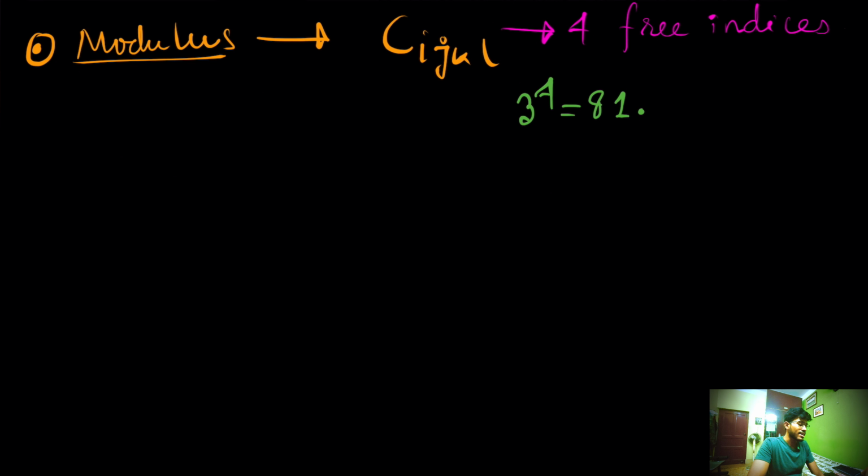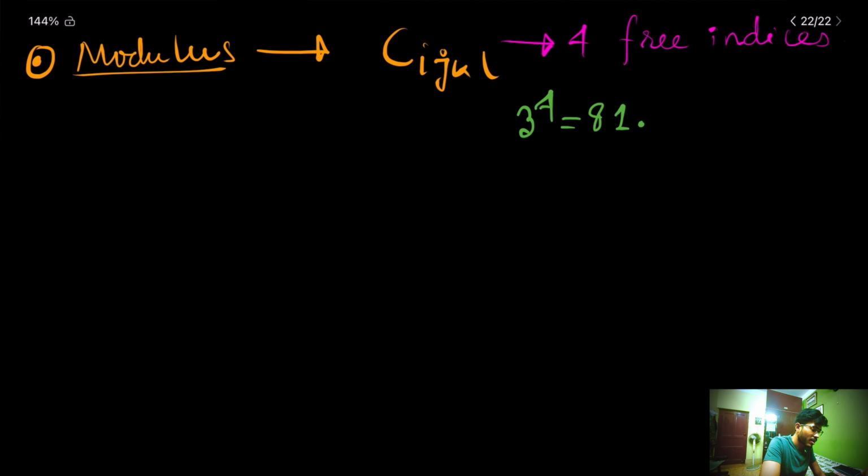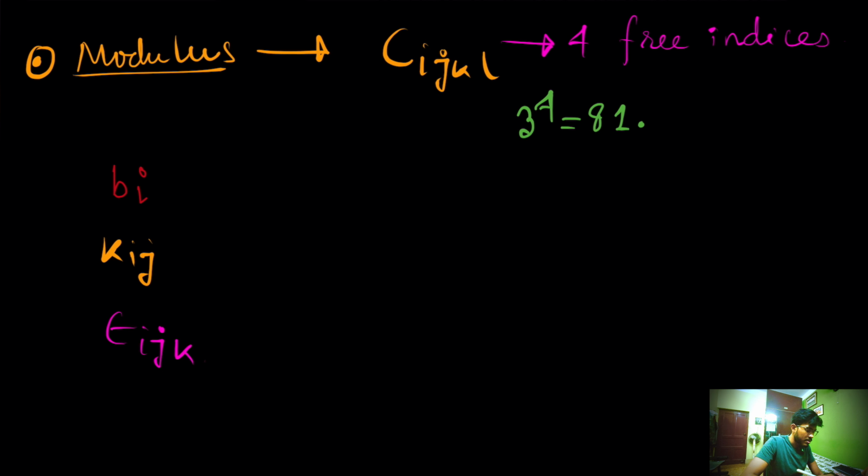Everything that we have already studied, that is maybe Bi, sigma, or Kij, then I have talked about epsilon ijk, and then I have talked about Cijkl.